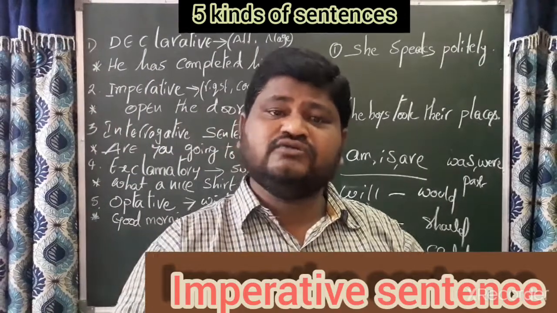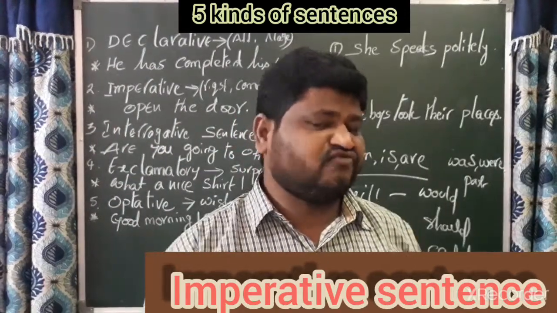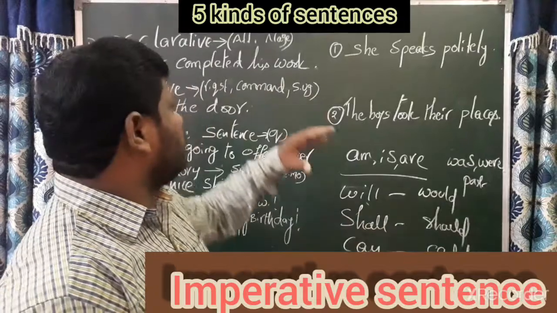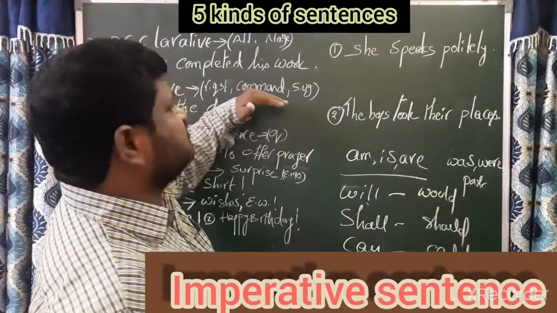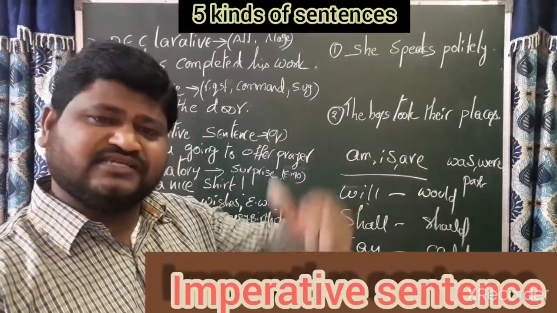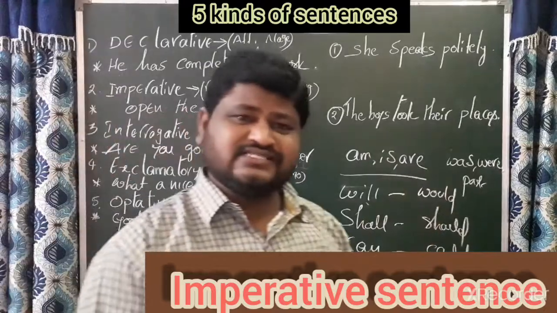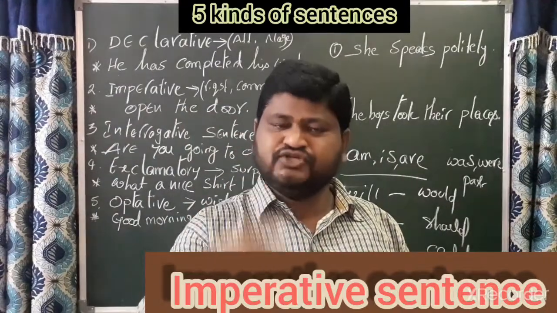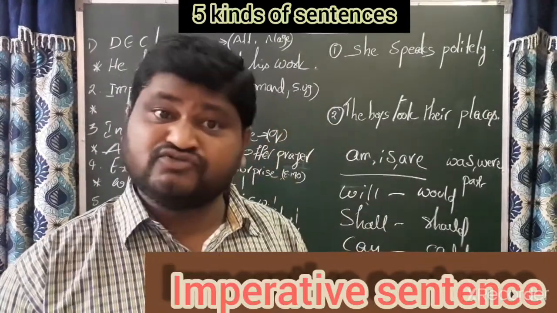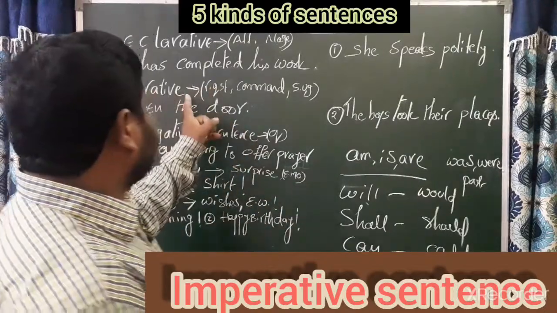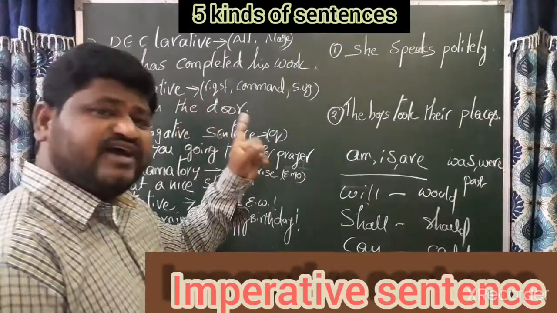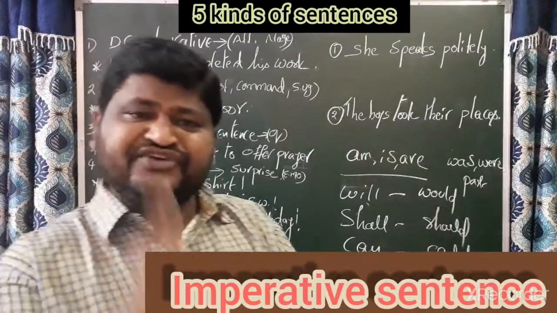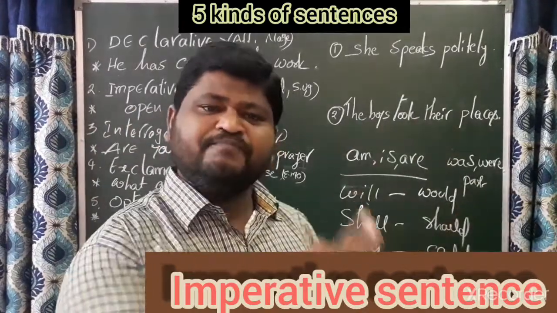If you want to make a request, a command or a suggestion to others, you have to use the imperative sentence. Friends, the imperative sentence always starts with V1 and ends with the full stop.